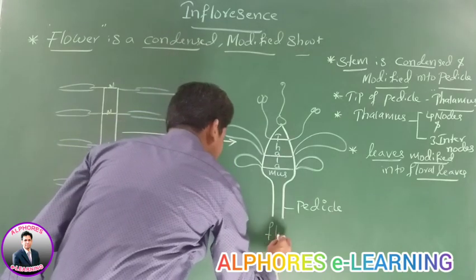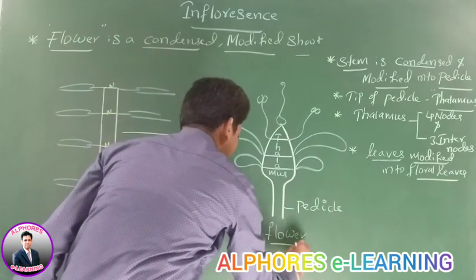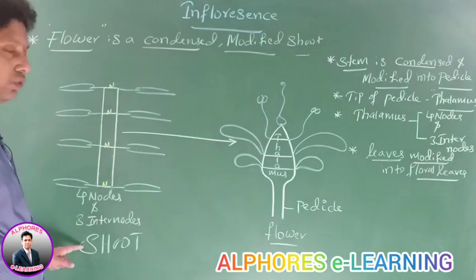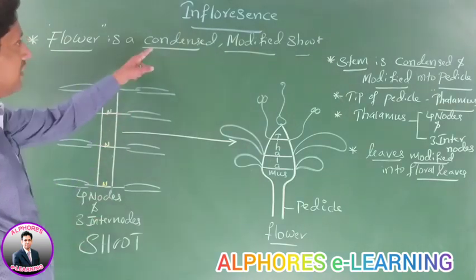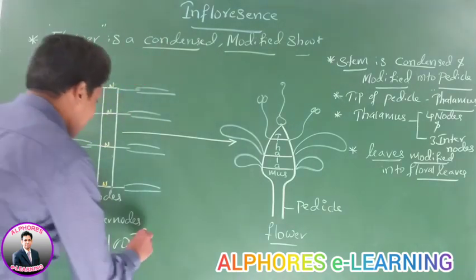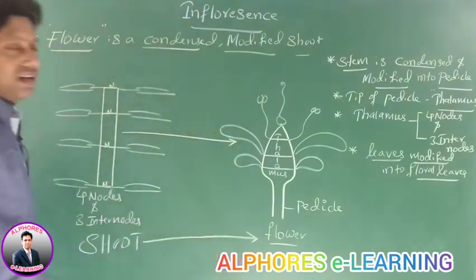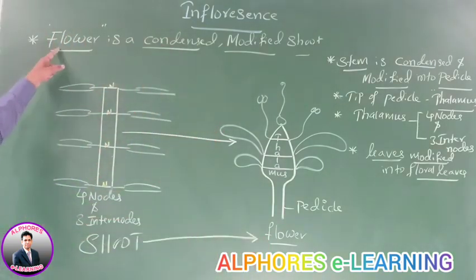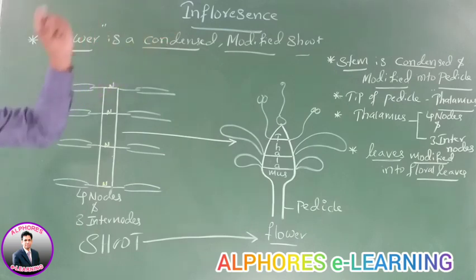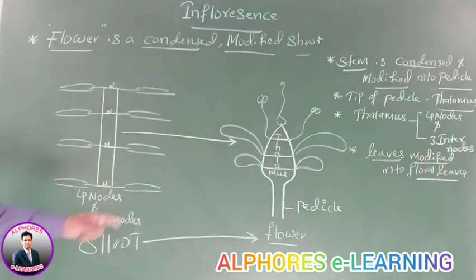Therefore, shoot is condensed and modified to form a flower. So we are calling flower a condensed modified shoot. Is it okay?